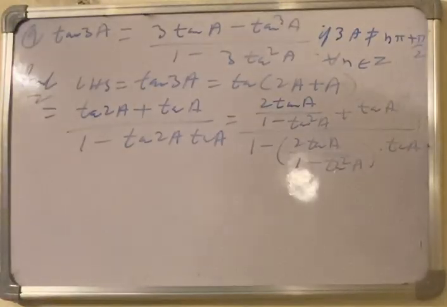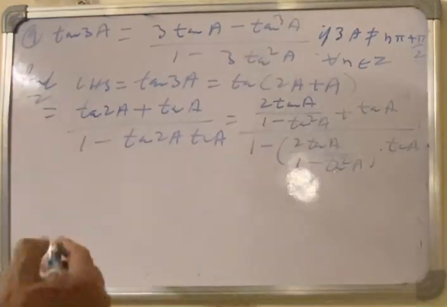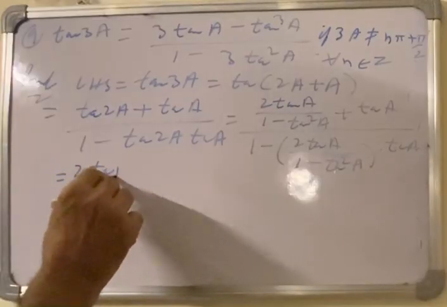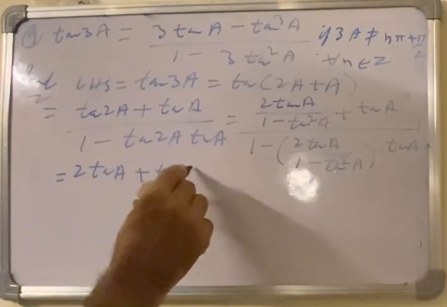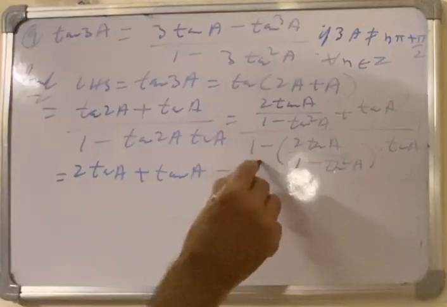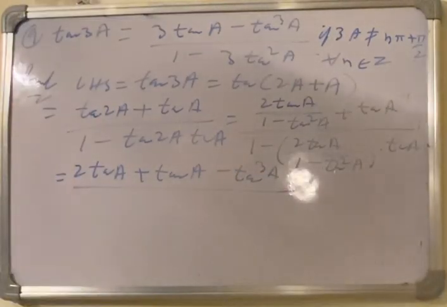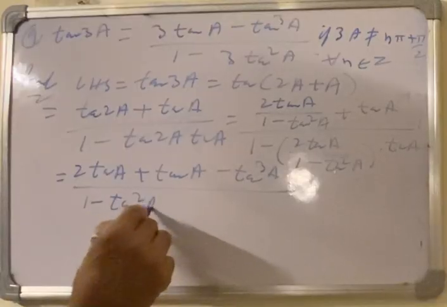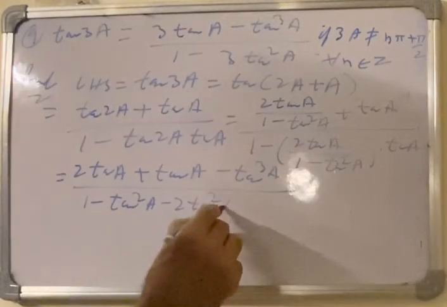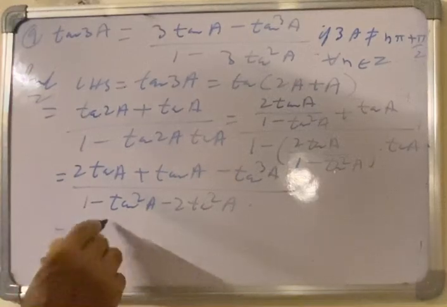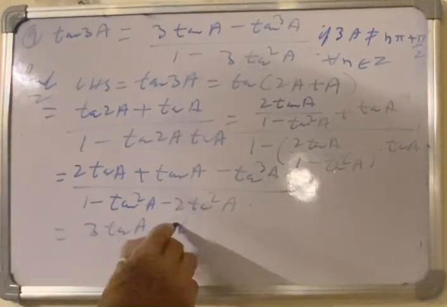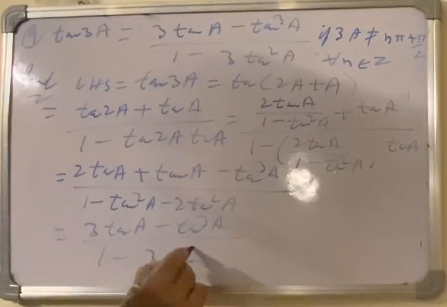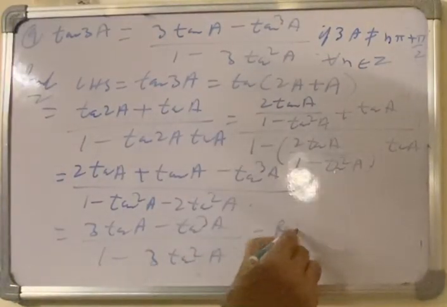We take LCM 1 minus tan square a and then cancel this. So we are left with 2 tan a plus tan a minus tan cube a over 1 minus tan square a minus 2 tan square a. This is equal to 3 tan a minus tan cube a over 1 minus 3 tan square a. This is right hand side.